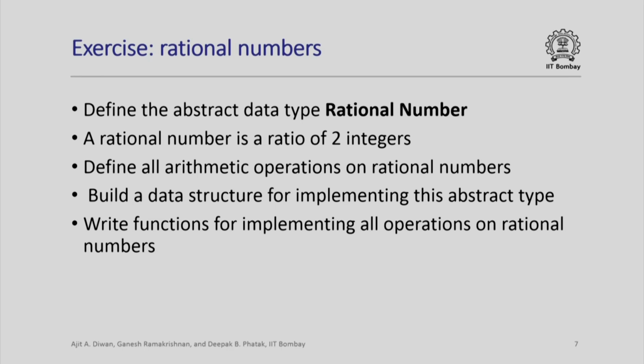Now we can choose a data structure for implementing this abstract type. We define the abstract type as rational numbers, and then we separately choose data structures for implementing this type, and we write functions for implementing all the operations on rational numbers. The advantage is that once you have built an implementation of this abstract type, anyone can use that implementation without looking at the code for it.